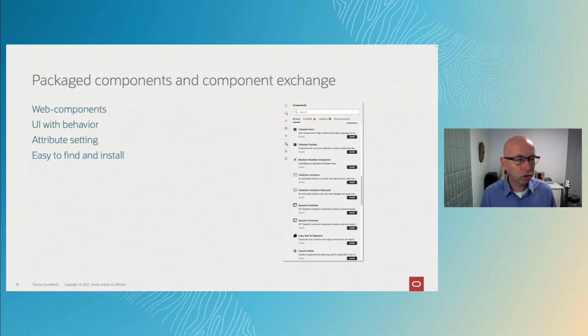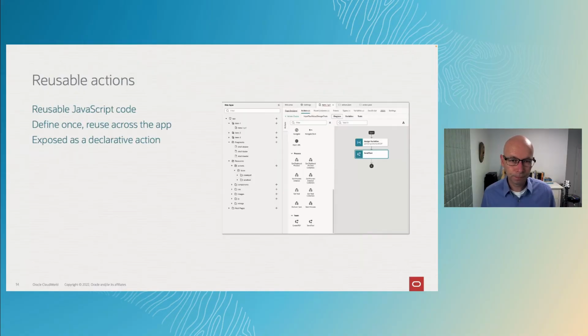For example, if you need to show an Oracle Analytics report in your page, we have a component that allows you to just bring it into the page, drag and drop, put the component on the page, and you get this functionality of a report, or a functionality of working with the Oracle content and experience and getting data from a document repository. So those reusable components are then exposed in our components exchange, and developers can just drag and drop and add them and install them in their application to use them.